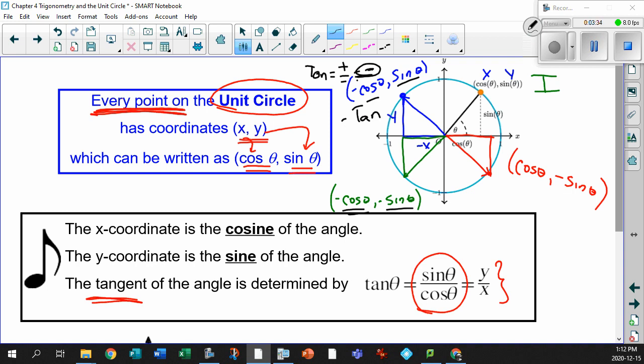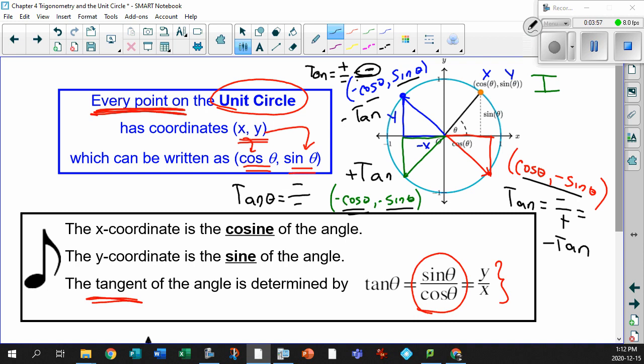This is sine over cosine, a negative over a negative, so tan out here is going to be positive. And finally, look at this one. Tangent, sine over cos, is a negative over a positive, which makes this a negative tan as well.